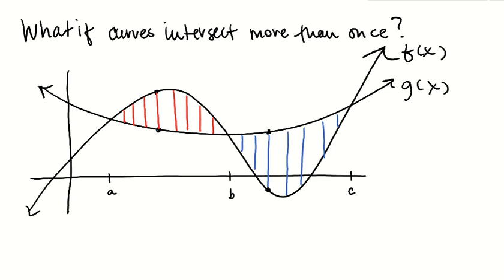All right, so what would happen if the curves intersected more than once? That's another thing that can happen. I see that, for a while, F is on top, but then it's on bottom. So there's pretty much two ways that we could deal with this.